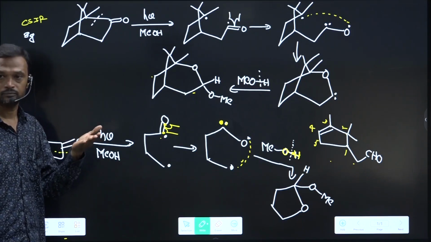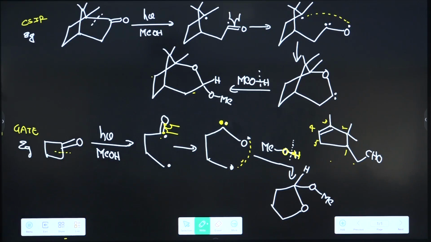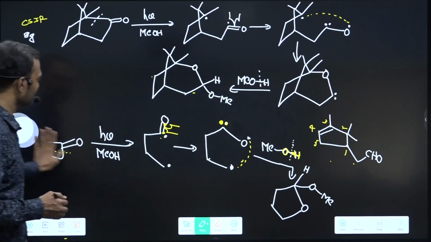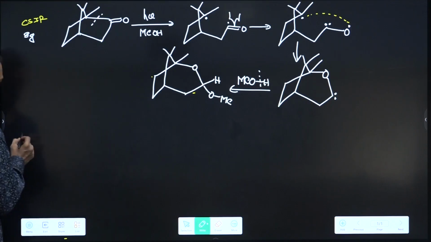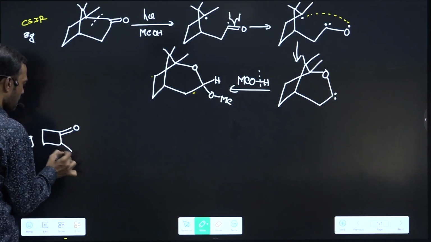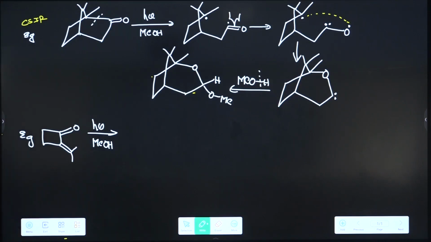Means ring size should get expanded. If ring size gets expanded, then it is possible. Methanol.